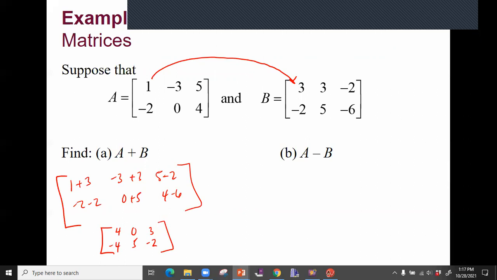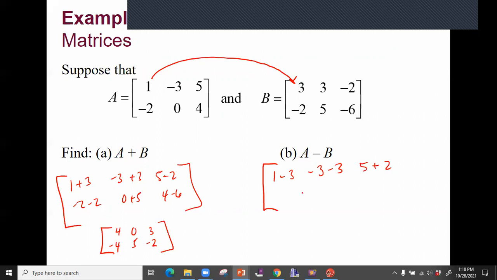Okay. Is subtraction any different? No, subtraction is run the same. Corresponding elements to corresponding. So A, we have 1 minus 3. We have negative 3 minus 3. We have 5 plus 2. Why is it plus 2?